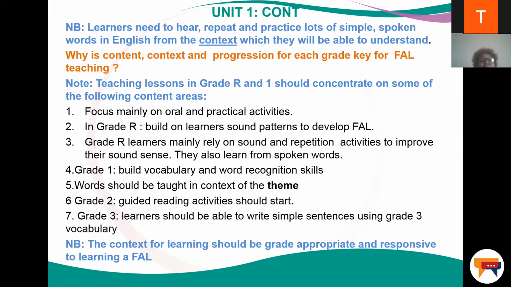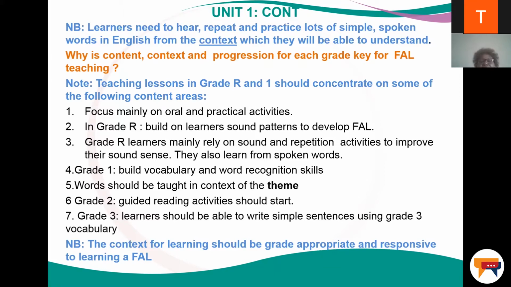In grade R, learners mainly rely on sound repetition activities to improve their sound sense. They also learn from spoken words. In grade 1, they build vocabulary and word recognition. Words should be taught in the context of the theme. Let's say the theme is food, going to school, my home or my family.